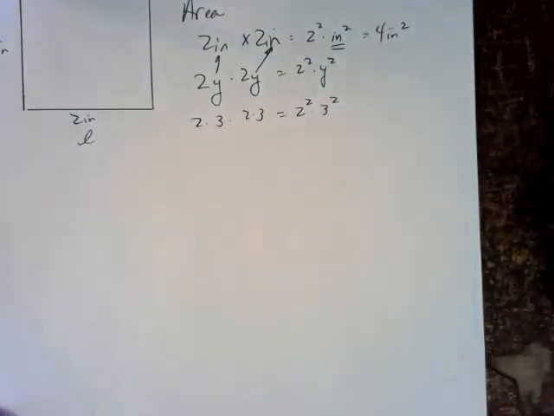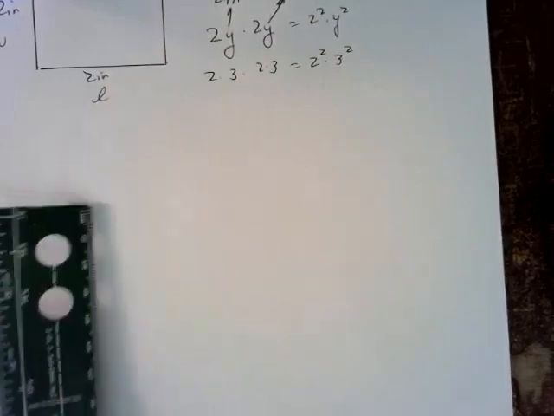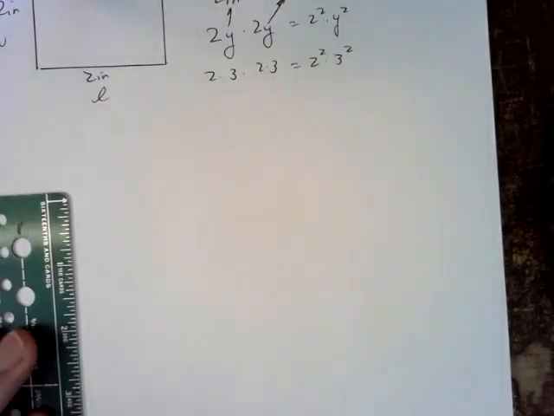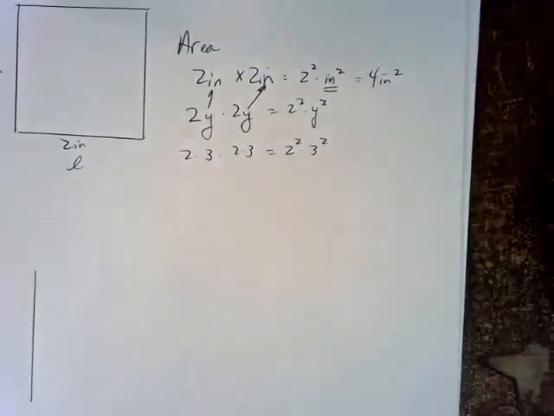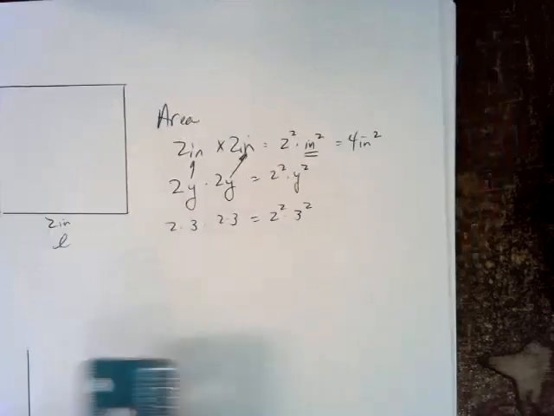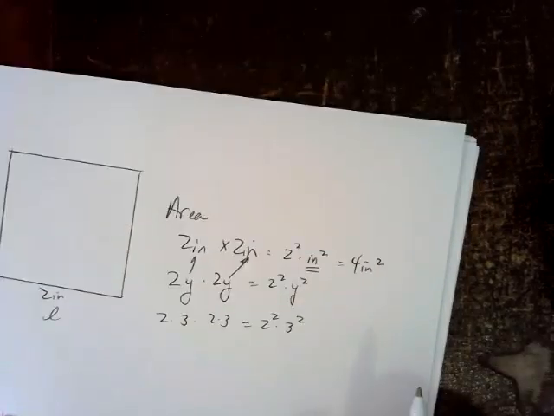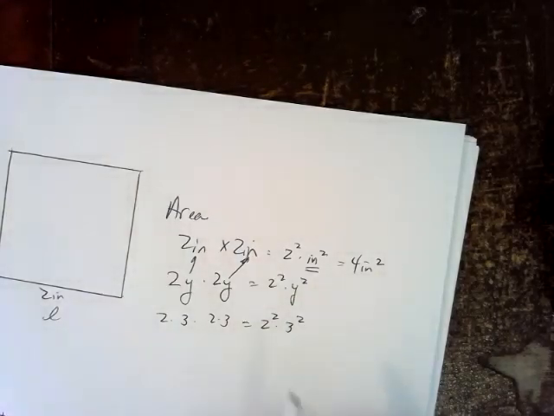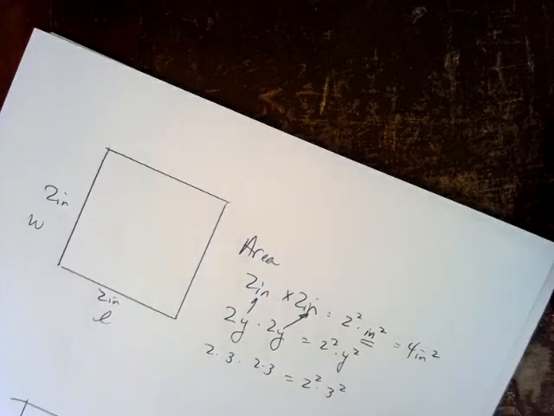So that's one example. Now let's think about a cube. I should have left myself more room, but we're going to redraw our 2 by 2 square and then also make it a cube. We make it a cube by making a 2-inch depth.